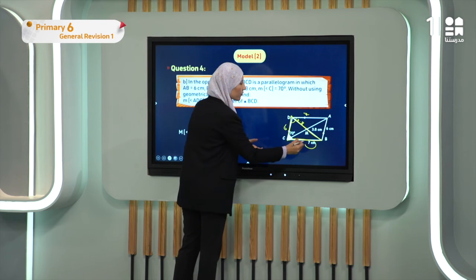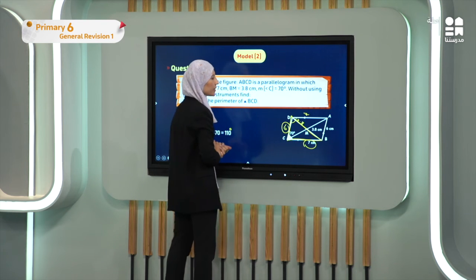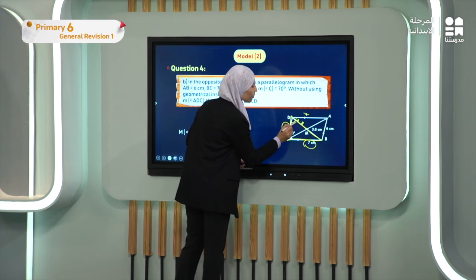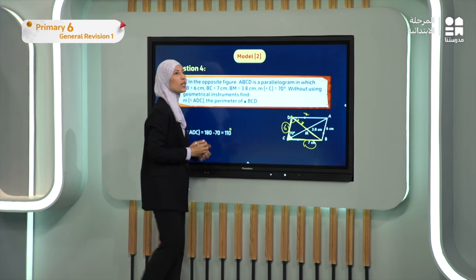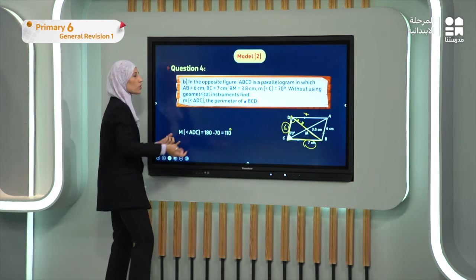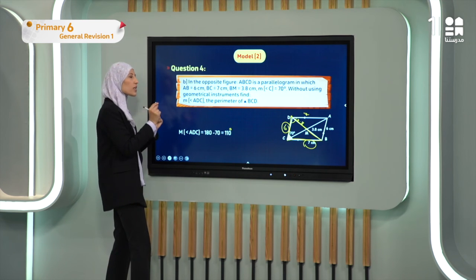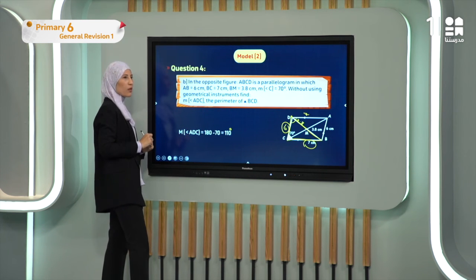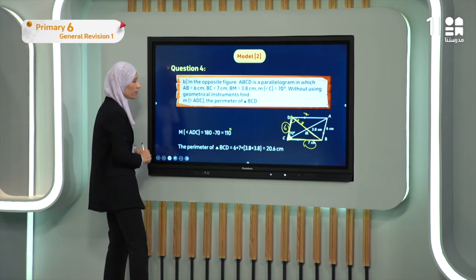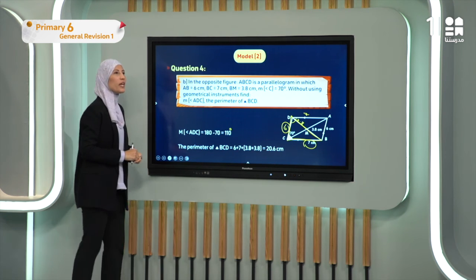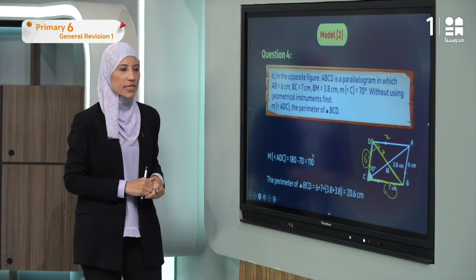I already know one side is 7, the other is 6, and this side is 3.8 plus 3.8. So to find the perimeter I will say 6 plus 7 plus, in a small bracket, 3.8 plus 3.8. So it will be 20.6 centimeters.